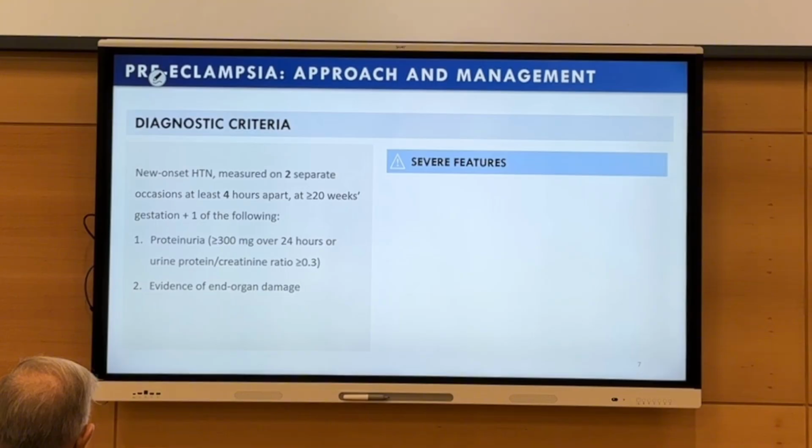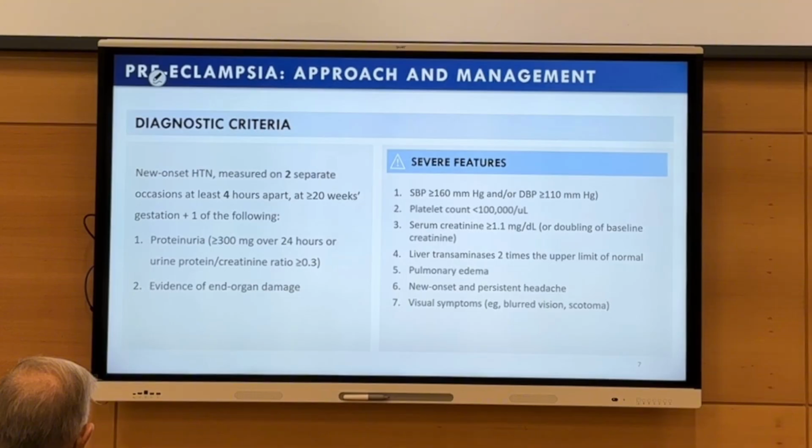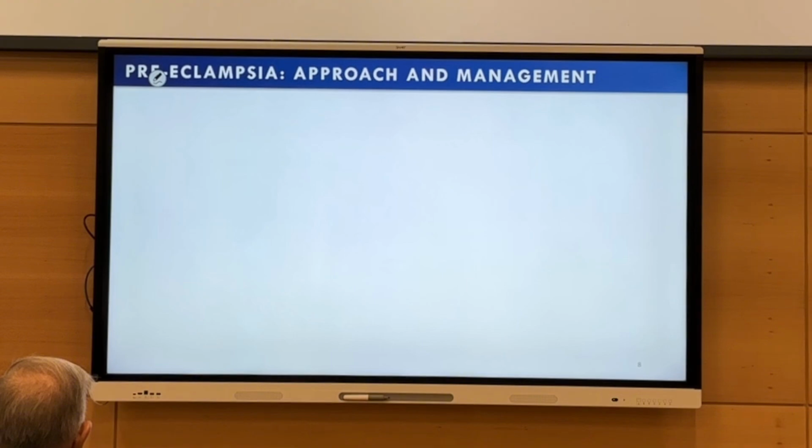What are severe features of preeclampsia? Any signs of end-organ failure? Excellent. So kidney failure, elevated creatinine, deranged liver enzymes, pulmonary edema, very important one, headache, blurry vision, and high range of blood pressure. HELLP as well?